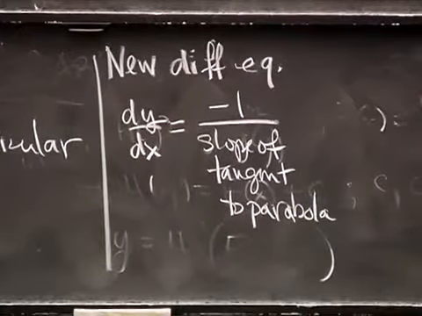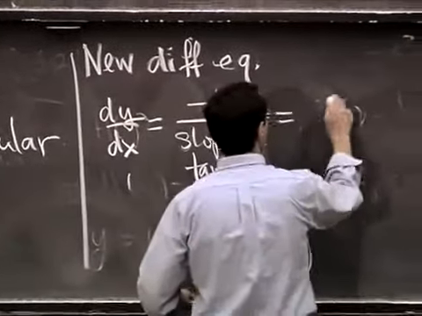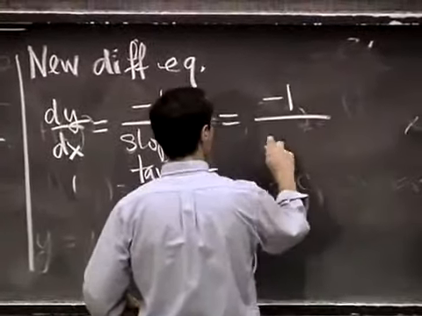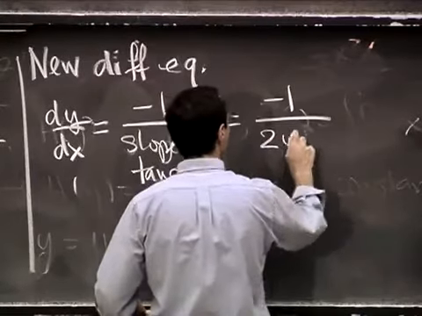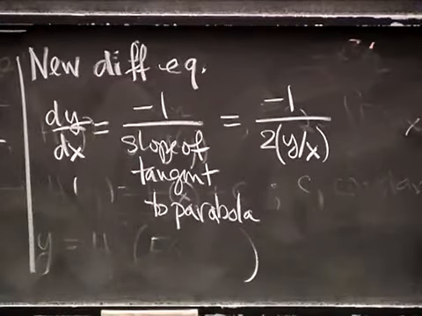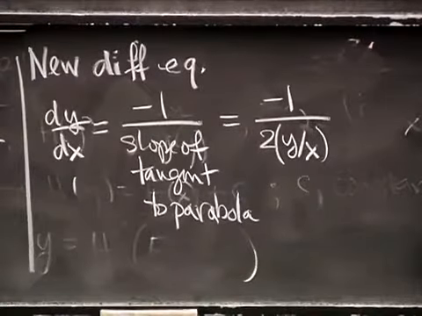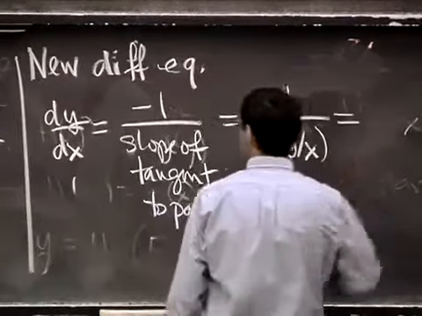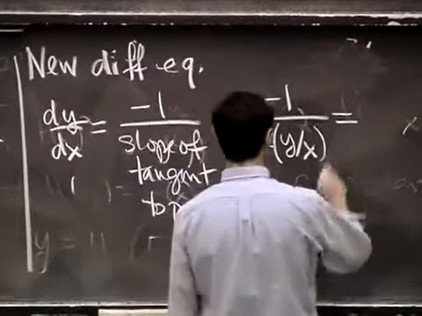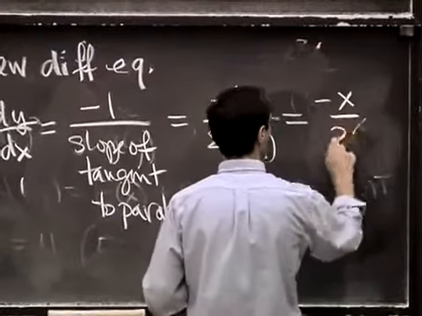Okay, so that's the equation. That's actually fairly easy to write down because it's minus 1 divided by 2y divided by x. Right? That's the slope of the parabola. Right? 2y divided by x. So let's rewrite that now. The x goes in the numerator, so it's minus x over 2y.